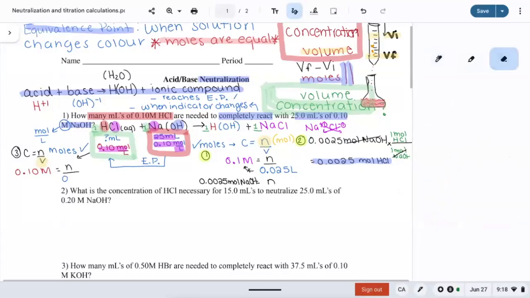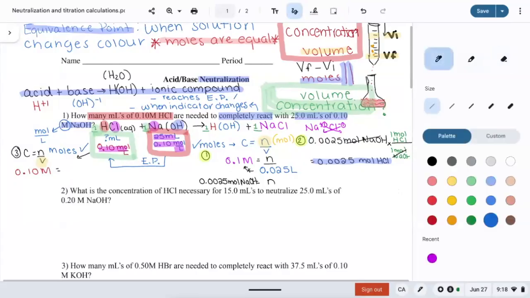Oops. Does anyone know how we can solve for V, what I would put in my calculator?